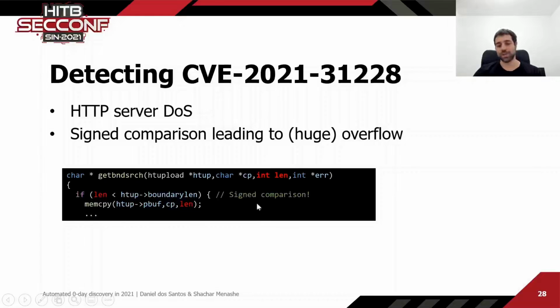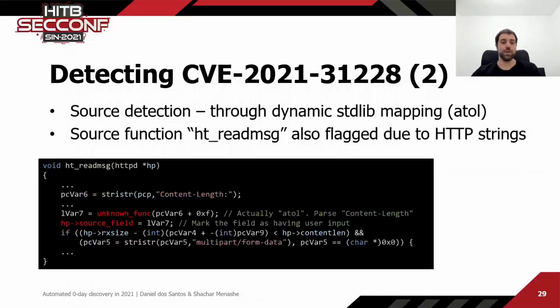So the source here was detected via the score-based method that I showed earlier. So this is actually the same function that I showed earlier. Here, the score was high because of two factors. There's HTTP strings here. And also, there's a function that was, after the dynamic divination, mapped out to be A2L.